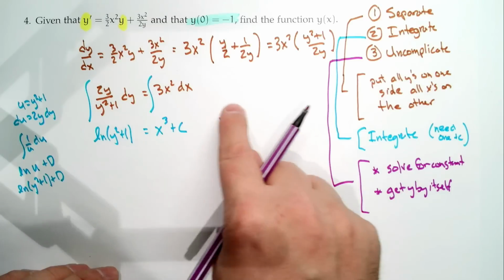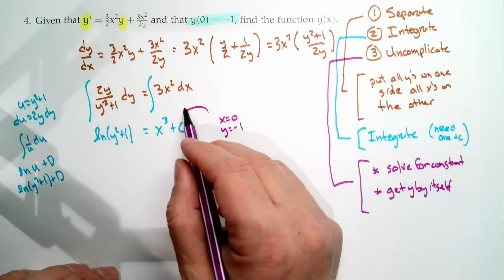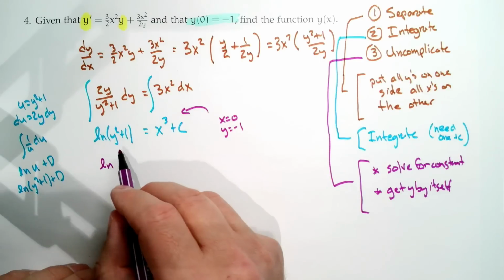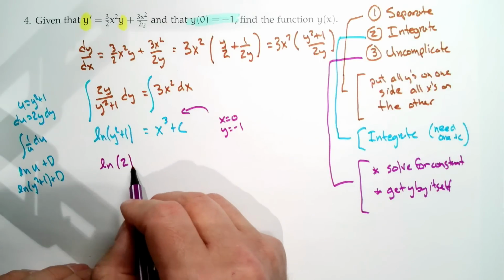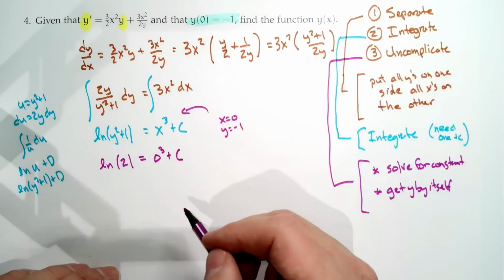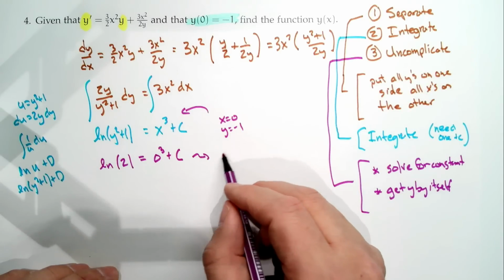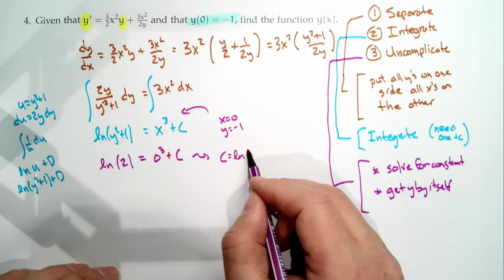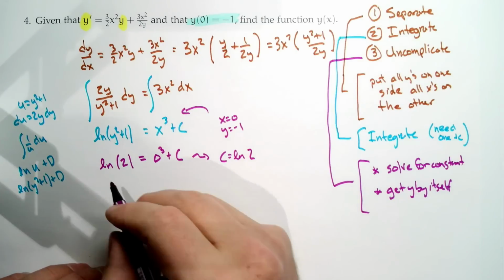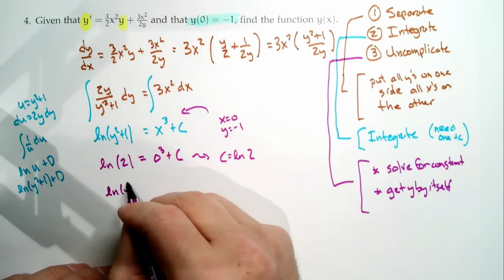So we're going to take this information and plug it in over to here. So we plug that in, we get natural log of negative 1 squared plus 1, which is 2, is equal to 0 cubed plus c. So that tells us that c is equal to natural log of 2. So now we have our constant c.